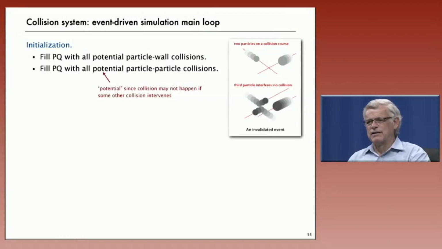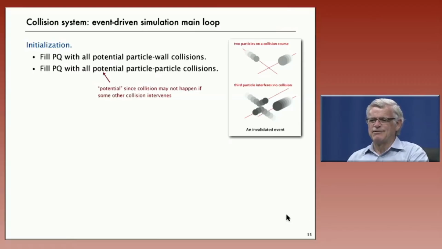Now let's look at the main loop for the event-driven simulation. So the first thing is, for every particle, we're going to compute the next time that it might hit every horizontal and vertical wall. Well, actually, if it's going away from a wall, it's not going to hit it, so that would be infinity.